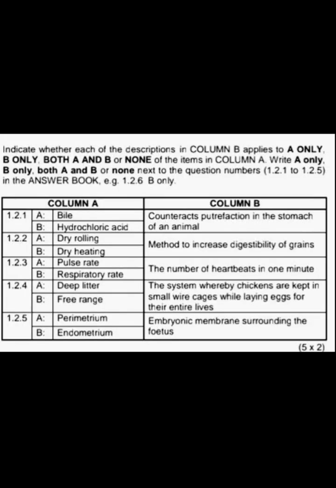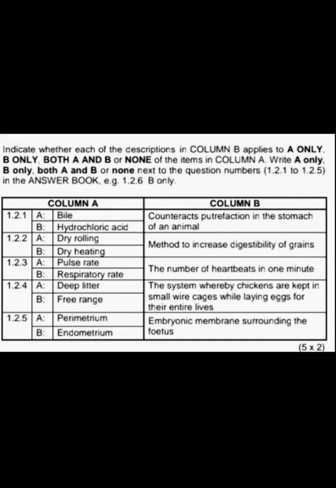Endometrium is where, during the menstrual cycle, the inner lining of the uterus is shed. Myometrium is the thick middle layer of smooth muscle. So perimetrium is the outermost, myometrium is the middle, then endometrium is the inner. I hope I'm clear.